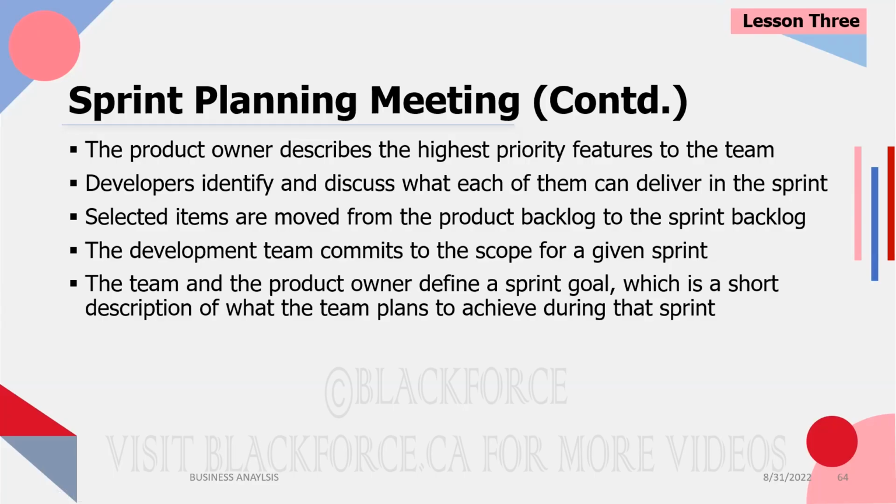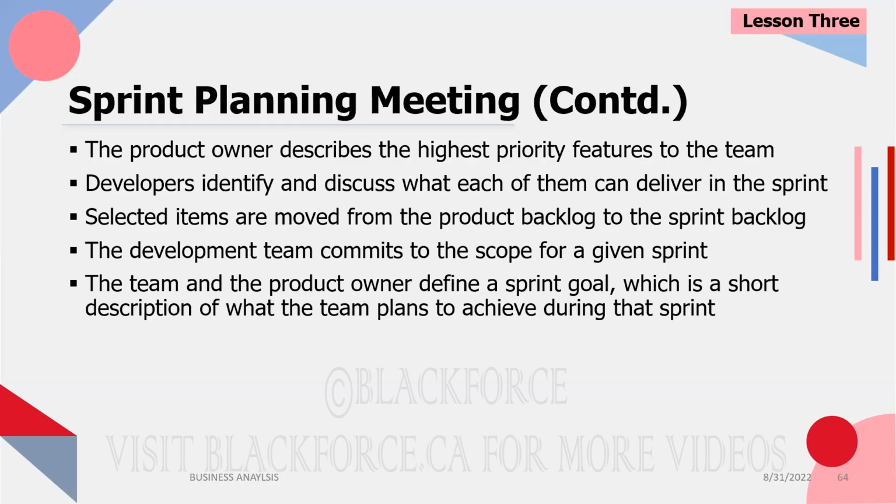The development team will then commit to the scope of the sprint. The scope of the sprint is basically the user stories they themselves indicated that they can deliver. Okay? The team and the product owner define the goal of the sprint, which is a short description of what the team plans to achieve during the sprint.